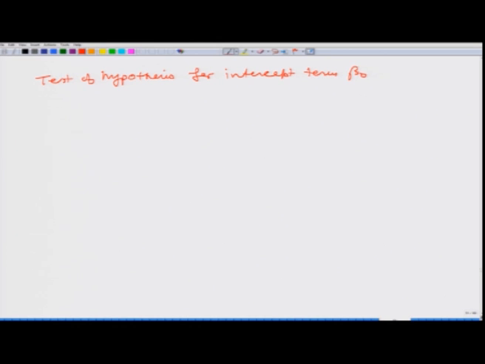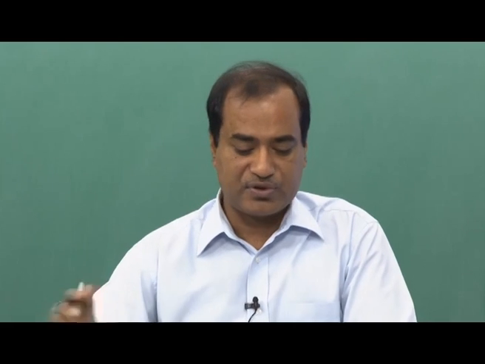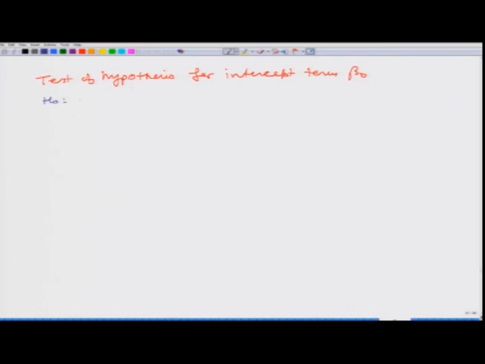Once you have understood how we constructed the test statistic in the case of the slope parameter beta 1, it is not difficult to create the test statistic for the intercept term beta 0, and the whole testing procedure remains exactly on the same line as we did for the test of hypothesis for the slope parameter. So, just for the sake of understanding, I will quickly give you the results.